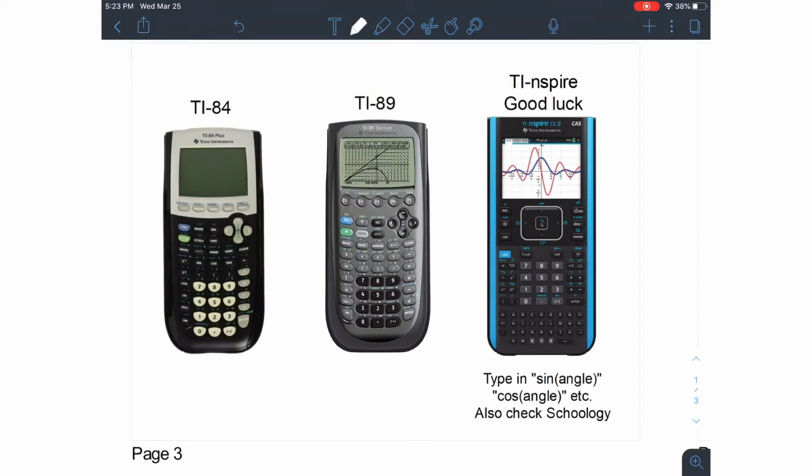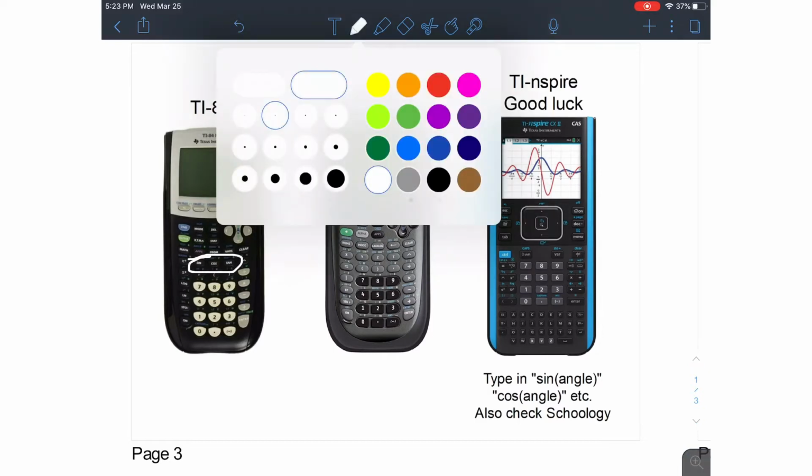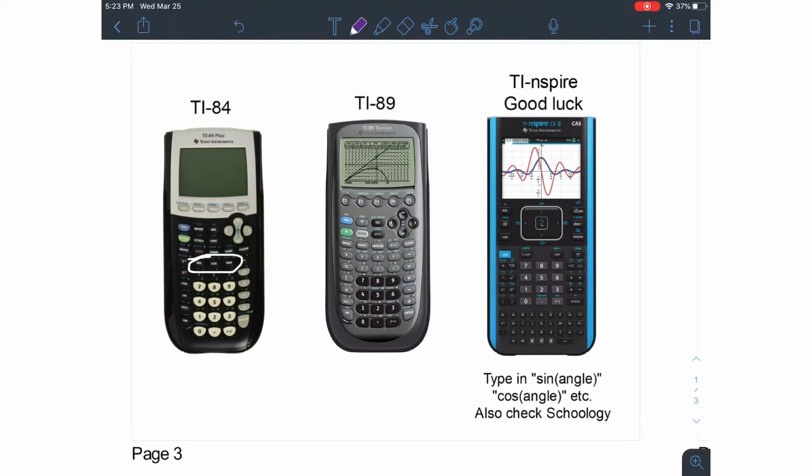On the TI-84s, you're going to notice right here that it says sine, cosine, tangent. Those are the buttons that you are going to press in order to calculate this. You just need to push one of them. If I wanted to find cosine of 60, I would just type cosine 60 and then hit enter, and that should get me 0.5 as an answer.